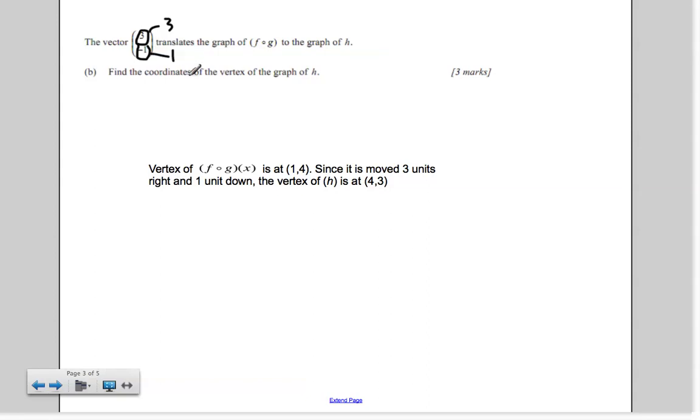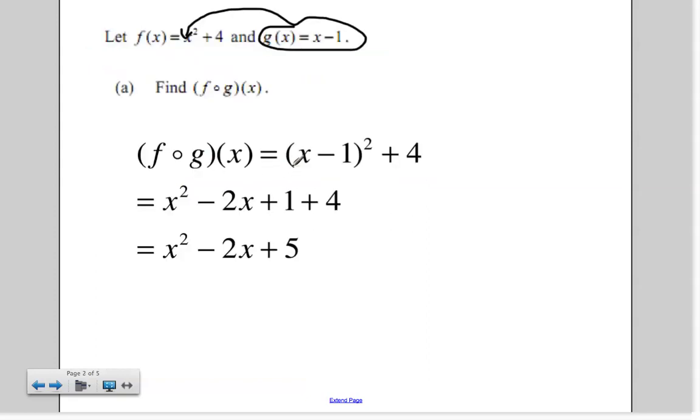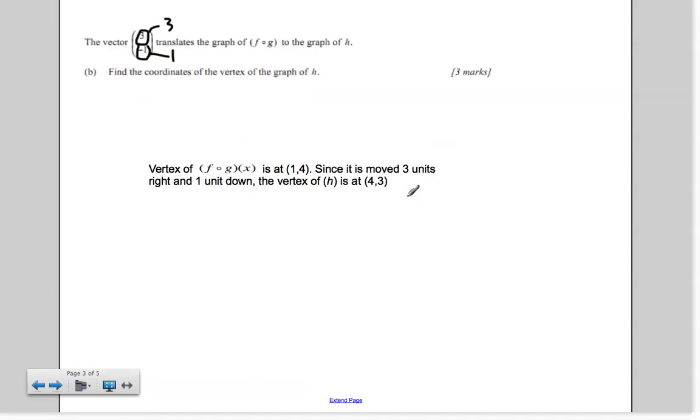Finding these coordinates is very easy because we already have the normal equation right there of x minus 1 squared plus 4, and all we do is take away 3 from here because it's moving to the right, so you have to subtract 3, and it's moving 1 down. By doing that, we are left with the vertex of h being at 4, 3, which is a pretty simple question.